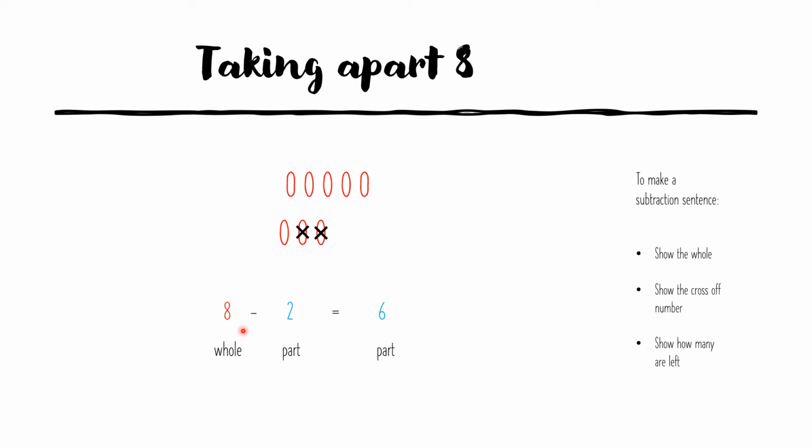Thumbs up if you remember to put your subtraction sign in between the whole and your takeaway number. Nice job. Thumbs up if you remember to put an equal sign in between your 2 parts. Oh, you are cooking with gas, kindergarten. Now you're ready to try your own equation by yourself.